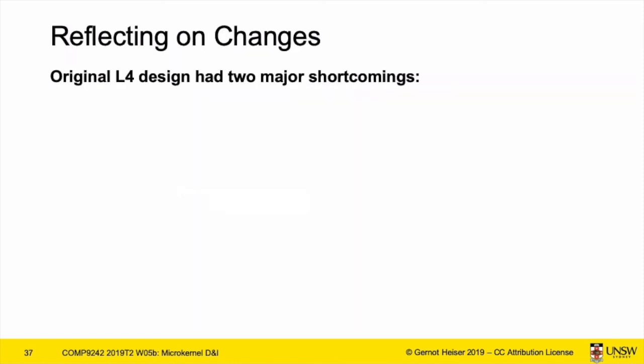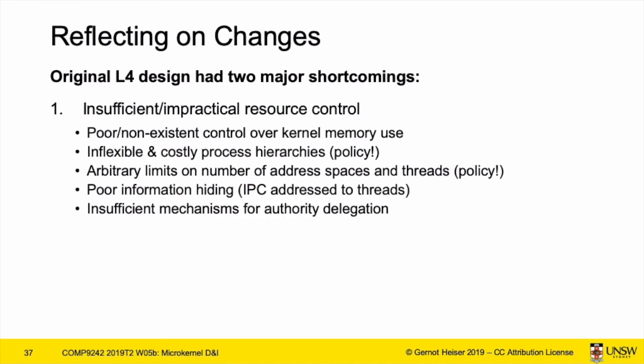Those changes we did can be categorized as addressing one of 2 major shortcomings. The one was the kernel had no real resource control. And we fundamentally fixed that in seL4 by the combination of having capability-based access control and this model of exporting resource control completely to user level, which with scheduling context we now extended to time.